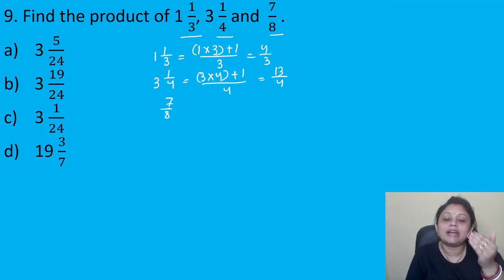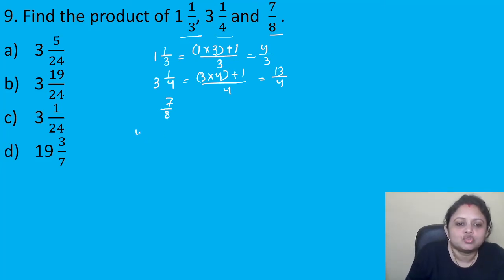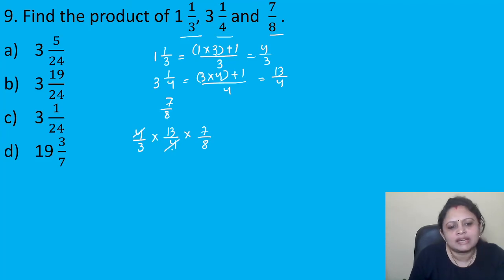We have to find the product of these numbers. So 4 by 3 into 13 by 4 into 7 by 8. So 4 gets cancelled. So we are left with 13 into 7, that is 91, by 3 into 8, that is 24.